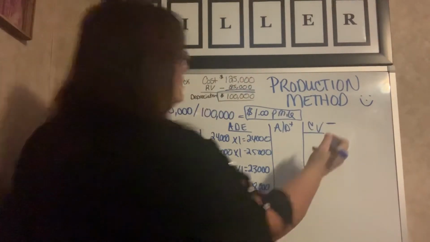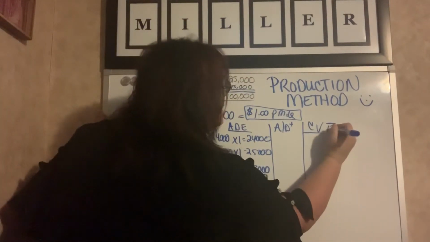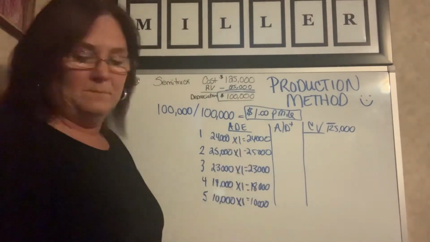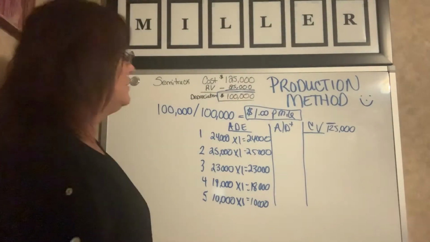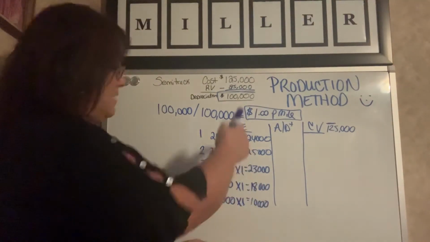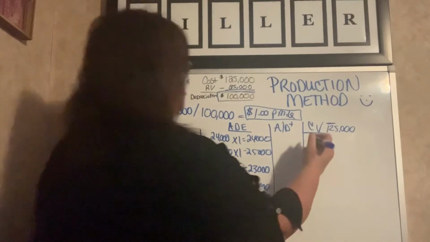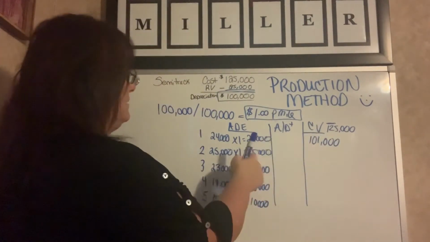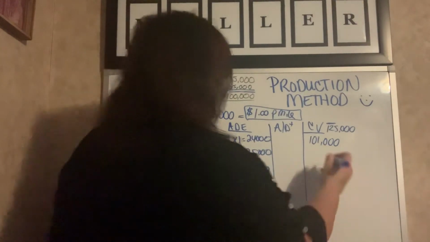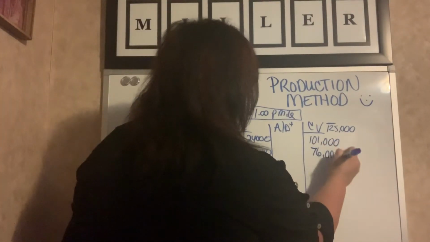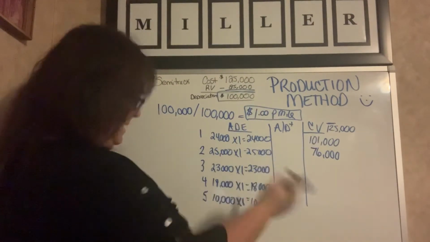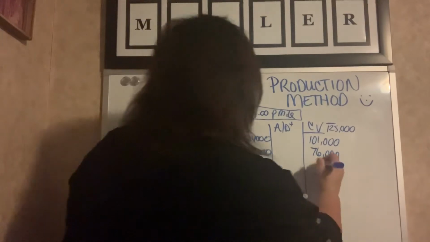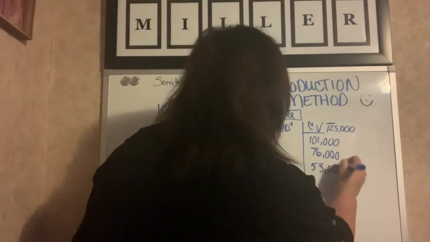Back here to the cost, put that up off, not in our depreciation amount, but up here somewhere, 125. So now we simply do the math, and I'm going to peek at my cheat sheet a little, sorry. But 125,000 minus 24,000 should be 101,000. 101,000 minus 25,000 should be 76,000. 76 minus 23,000 is 53,000.